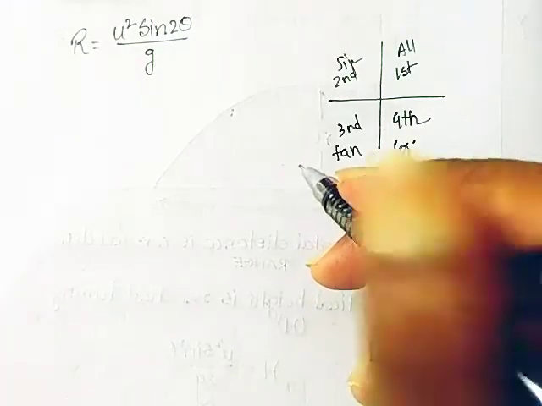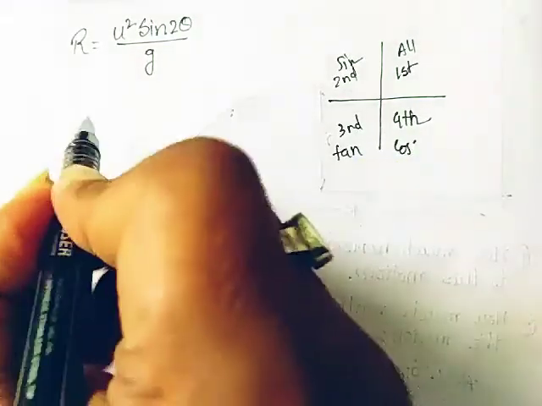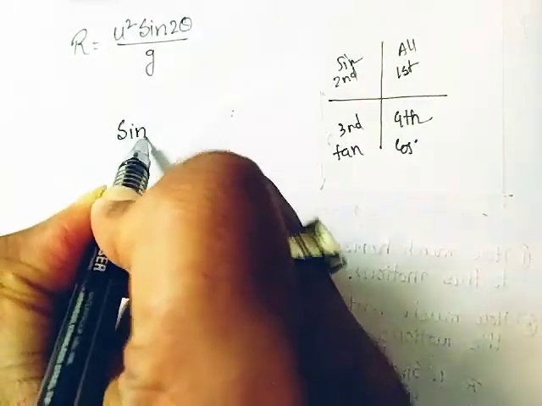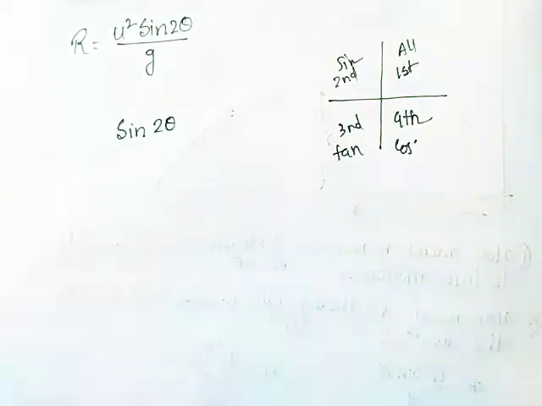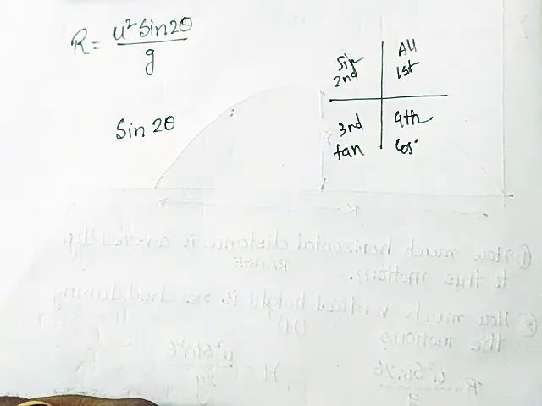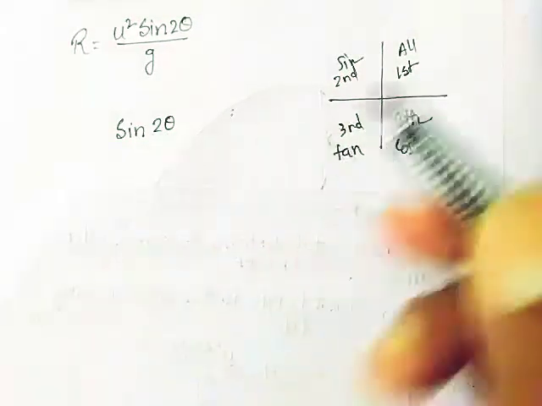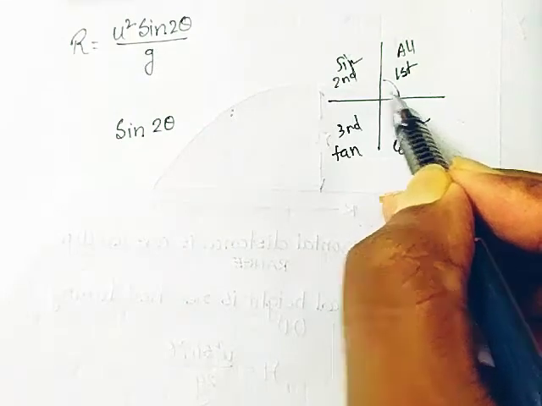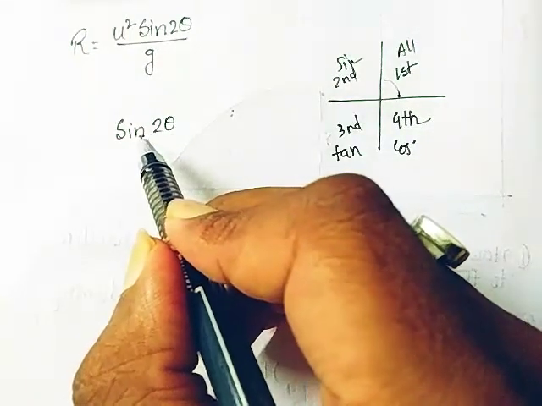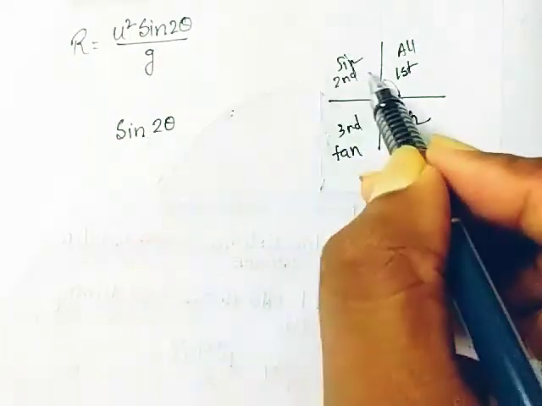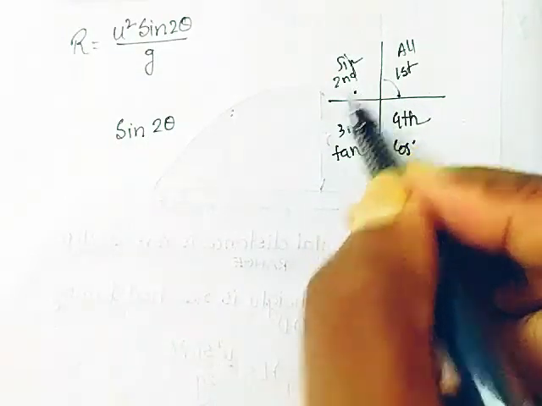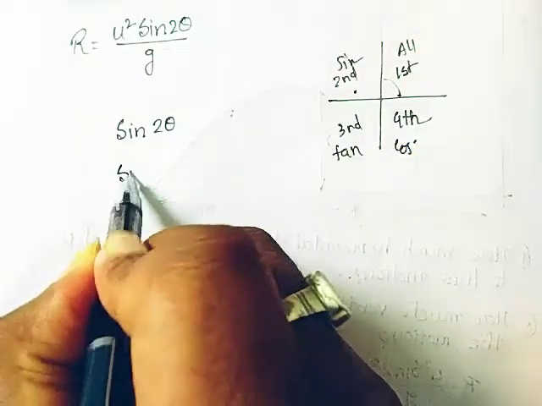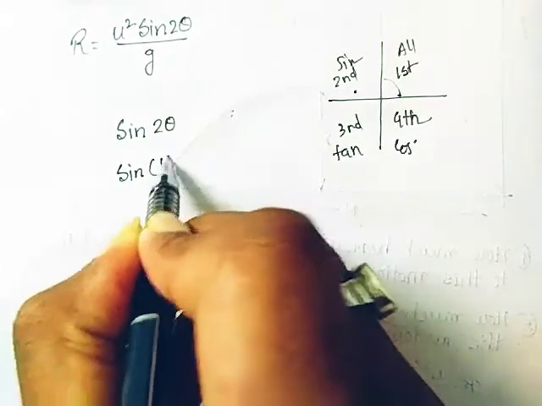So let us take some mathematical jugglery here. That is sine 2 theta. 2 theta is within the first quadrant, but the sine function will again be positive if it is in the second quadrant. So let us write it so that it is within the second quadrant.